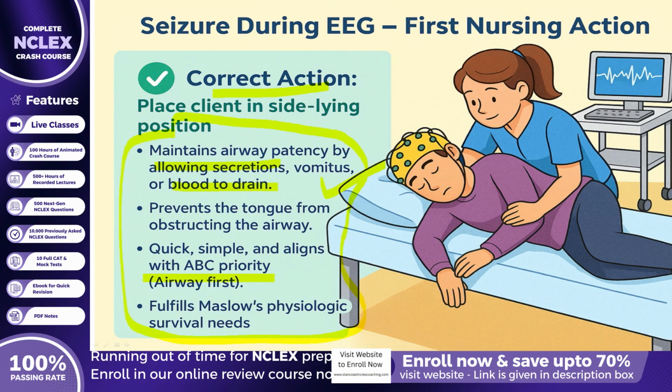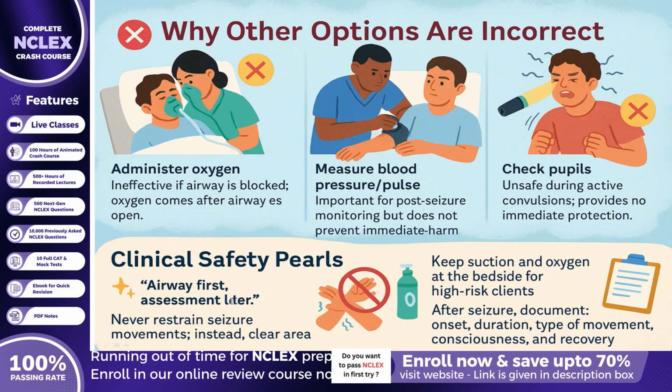Looking at the incorrect options, it becomes clearer why they are not the priority. Administering oxygen by nasal cannula, although supportive, cannot be done safely until the airway is open. Giving oxygen through a blocked airway only delays effective ventilation. Measuring blood pressure and pulse is part of post-seizure monitoring, but does not prevent immediate life-threatening complications.